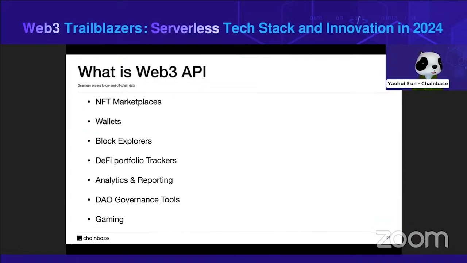The Web3 API is an API suite that simplifies your Web3 development process with seamless access to on and off-chain data. This means whether you are building an NFT marketplace, a decentralized finance platform, or any other blockchain-based application, our Web3 API stands ready to provide you with the essential data support.